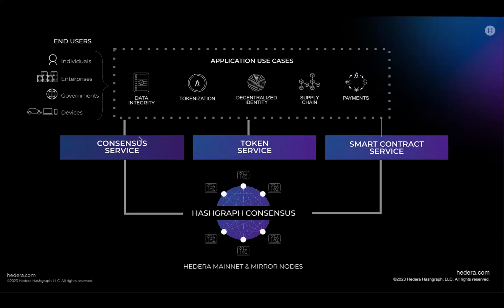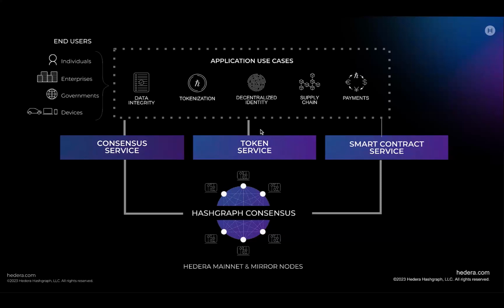The consensus service itself is more of a messaging orderer. The token service is for issuance of digital assets, so fungibles and non-fungibles, NFTs. And then there's a smart contract service for added programmability. But the token service in itself actually has a lot of features under the hood, so for a lot of things, you actually don't need a smart contract.